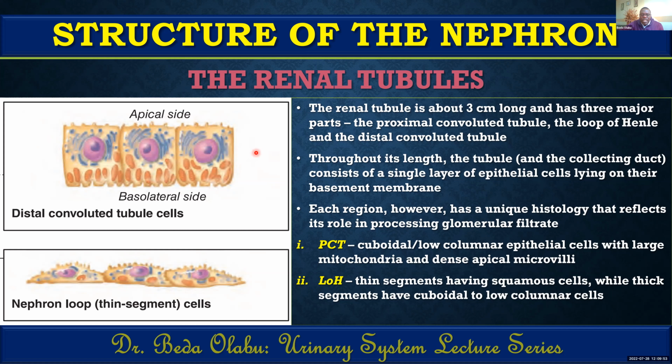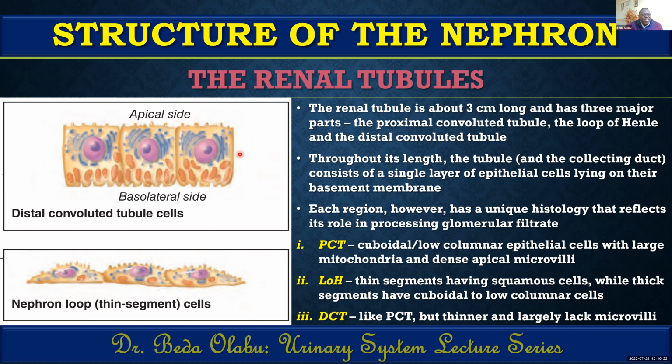It will be almost like the PCT, except that the cells are shorter and they don't have microvilli, or if they do, they're very sparse. So this is the structure of the DCT, as well as the structure of the thick segment of the loop of Henle that is adjacent to the DCT.